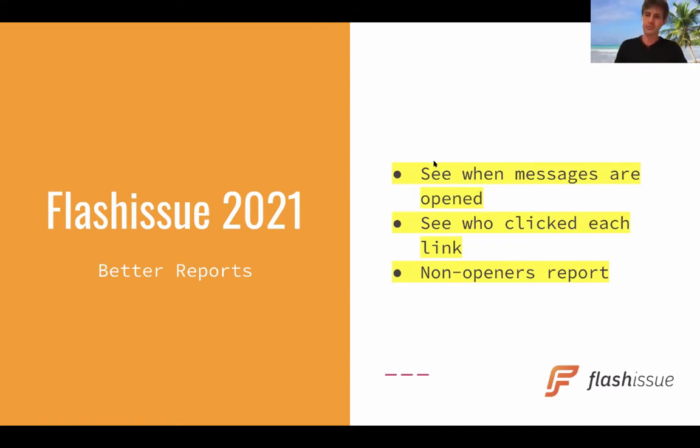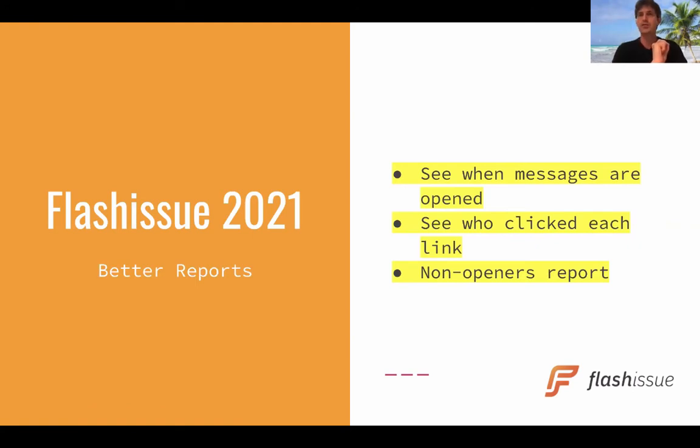First of all, we're going to improve reports. So you'll be able to see when a message was opened by each subscriber. You'll be able to see who clicked each link and when they did that. We're going to add new reports, a report that tells you who did not open the message and who did not click a link. We're also going to let you create a report that isn't limited to a single newsletter.